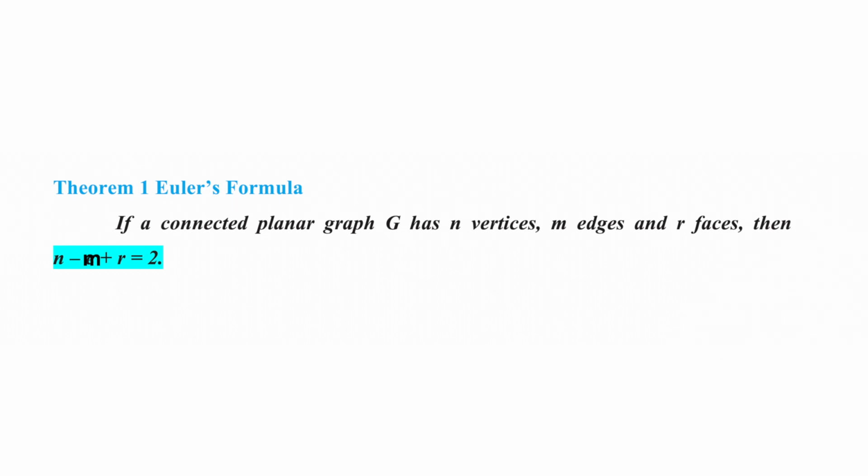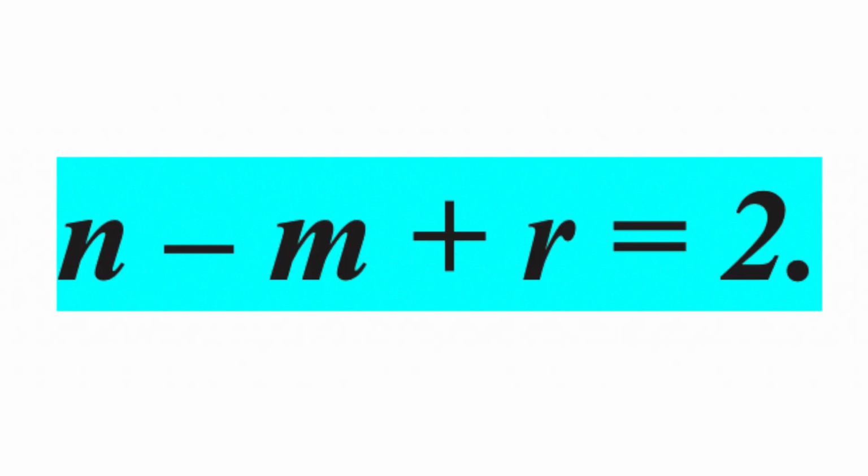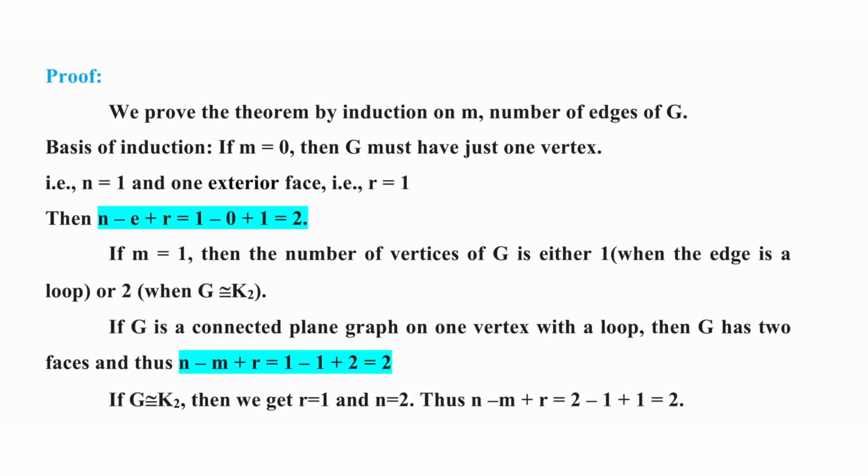Next, let us see Euler's formula, which tells us that whatever plane drawing of a plane graph we take, the number of faces is always the same and is given by a simple formula. Euler's theorem: if a connected planar graph G has n vertices, m edges and r faces, then n minus m plus r equals 2.